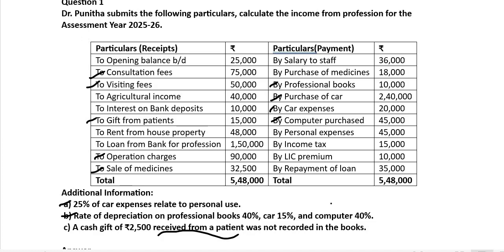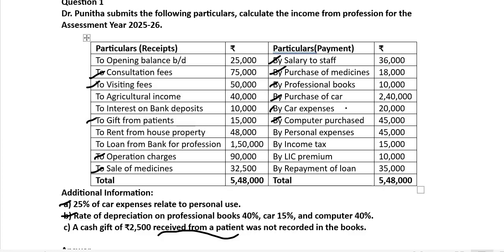Now we will check which are all the professional payments. Salary to staff is a professional payment. Purchase of medicine is a professional payment. And as we discussed, professional books, 40% we have to write as the professional expense. Depreciation should be given. For the purchase of car, 15% is a professional expense depreciation.